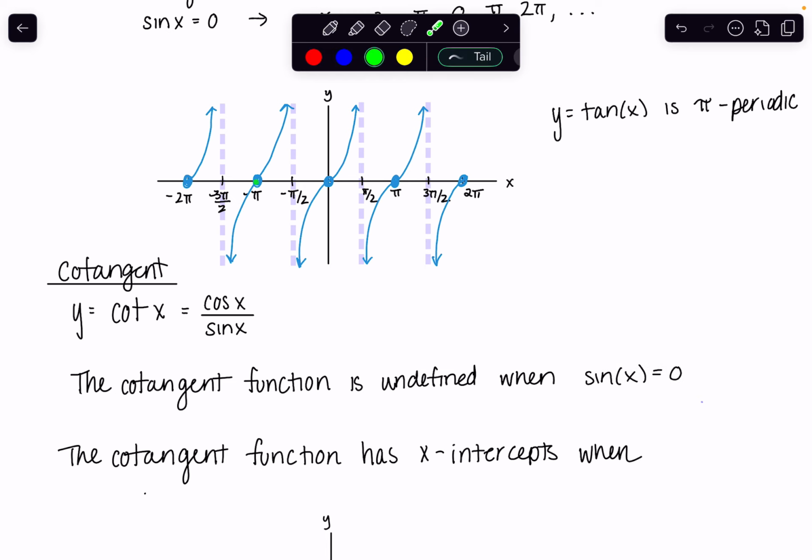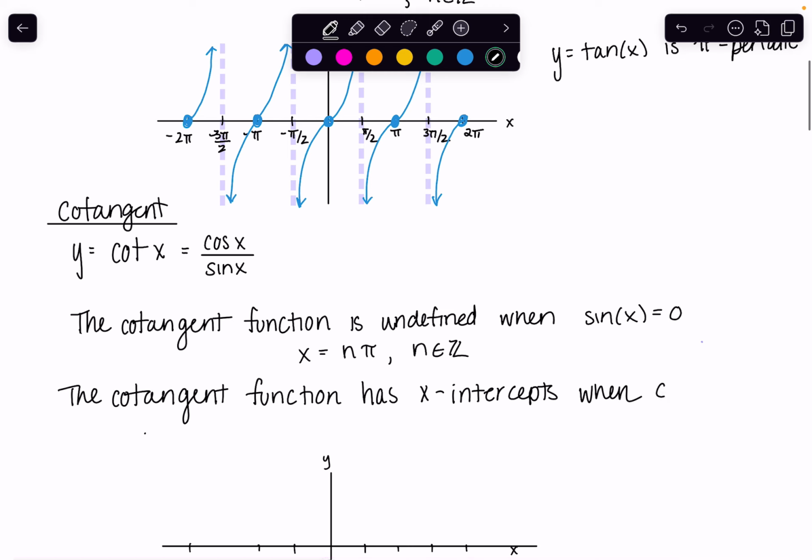And that occurs at all of these multiples of pi. And then the cotangent function has x-intercepts now when cosine is equal to 0. And that happens at those odd multiples of pi over 2.